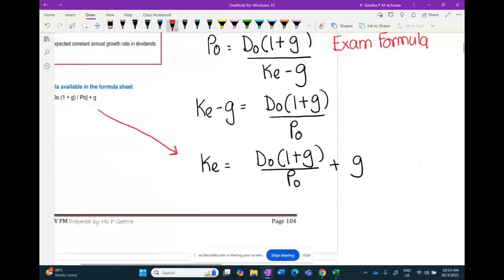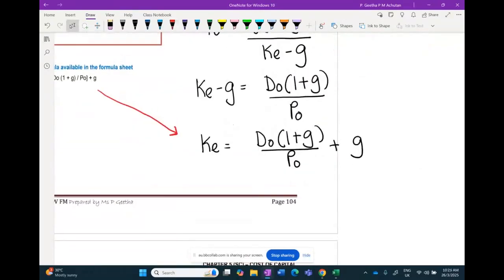And the meaning of this formula is KE stands for shareholders' returns. Dividend over PO is dividend yield. You buy a share for 1 ringgit, you got a dividend of 50 cents, means you got a 50% return.